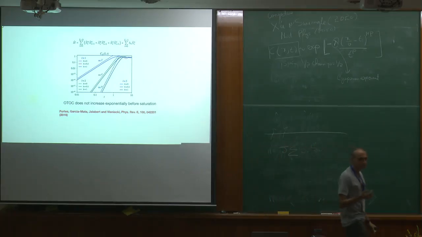And now what you can do is you can start the system out with some particular initial condition, let it evolve, start the system out with some other initial condition, let it evolve, and then just look at the divergence of these trajectories. But there's a way in which you can look at the divergence of these trajectories for the classical system in a way which is equivalent to calculating the OTOC. So I won't really go into exactly what that is.